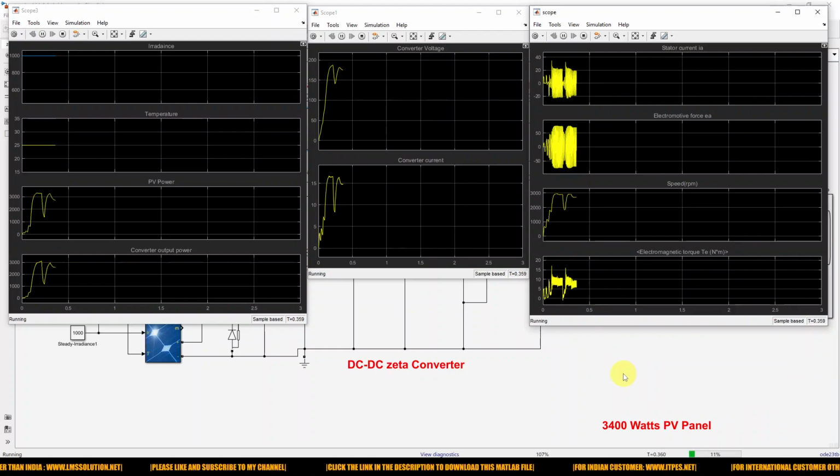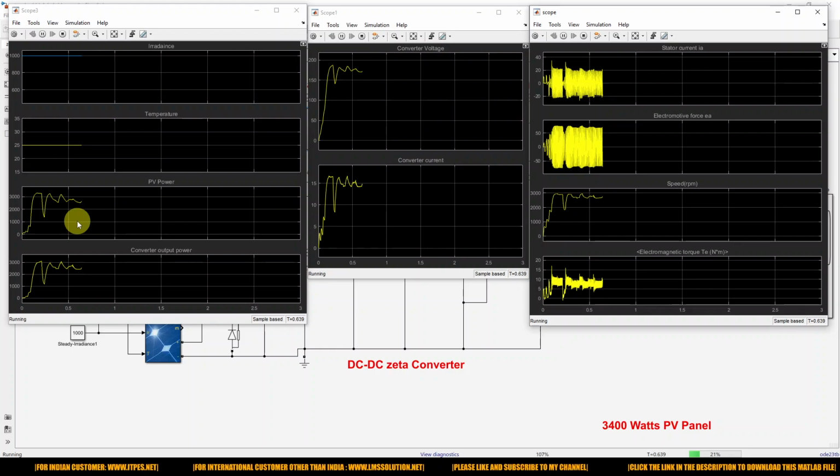Based upon the random value, the power from the PV panel is going to change. After a couple of iterations, it is going to find the optimal duty cycle to extract the maximum power from the PV panel. So that is the process that happens in the PSO MPPT.